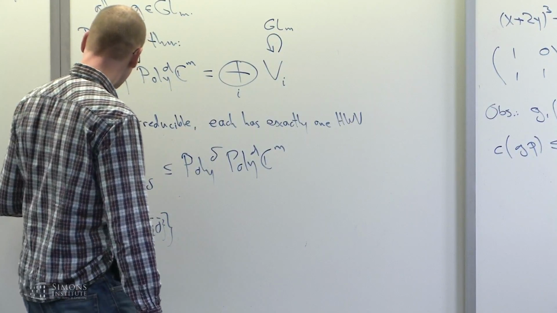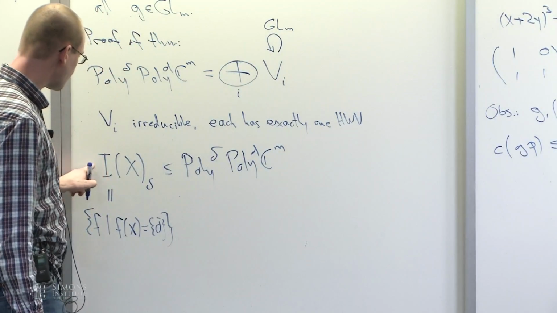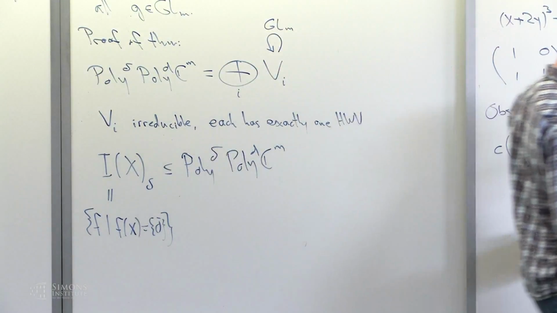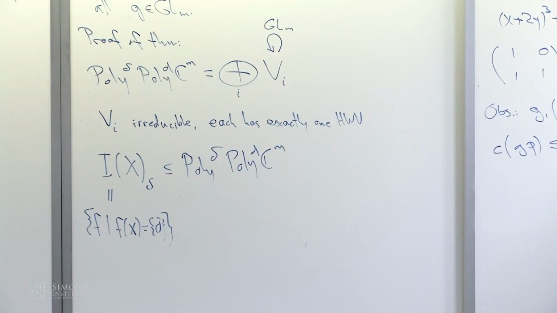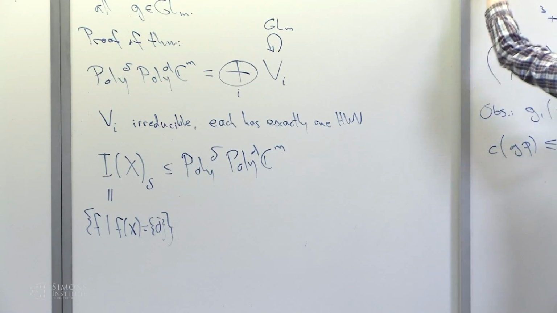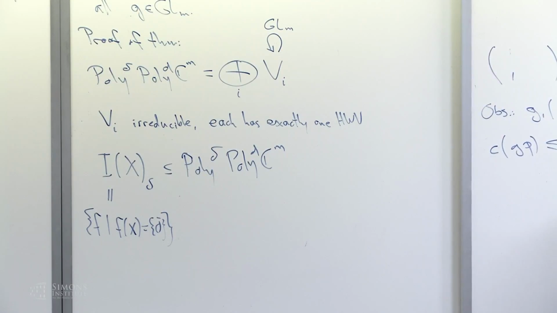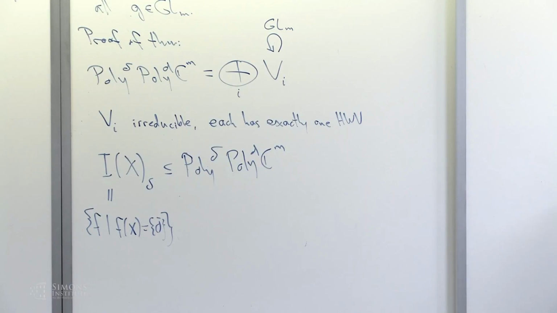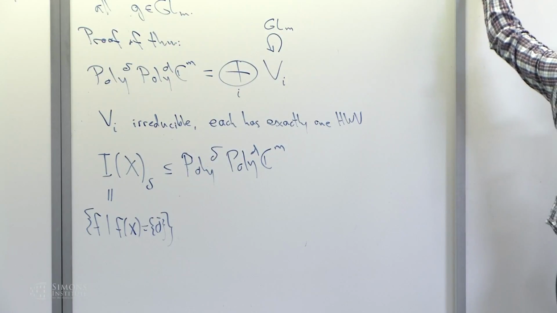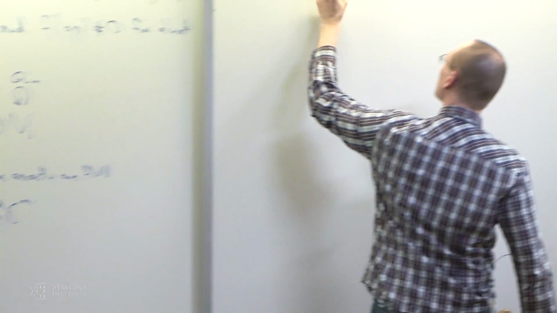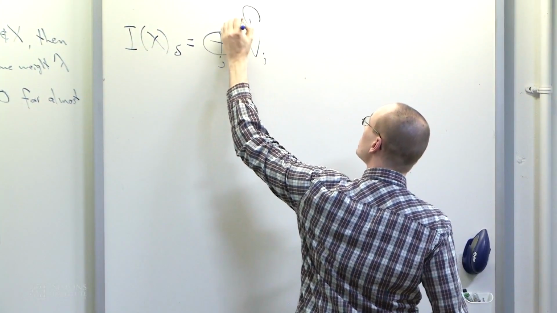So you have the same group action, and therefore this one also decomposes in the same kind of manner, but as a sub-representation, so you have fewer summands. And each of the summands has one highest weight vector. So you decompose, and this gives you some decomposition here. Those are irreducibles.